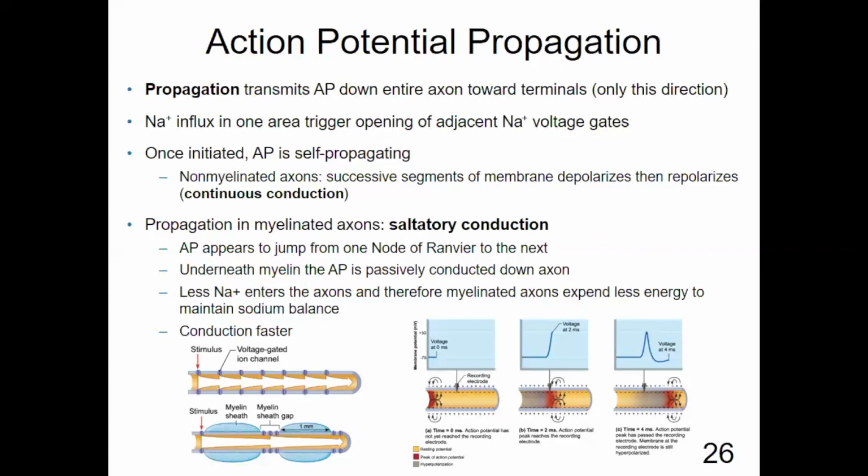So after an action potential occurs, the cell has to use energy to pump those sodium ions back out of the axon. So by using saltatory conduction, we allow fewer of those sodium ions into the cell, and thus we have less sodium ions we have to move back outside the cell once the action potential is done.